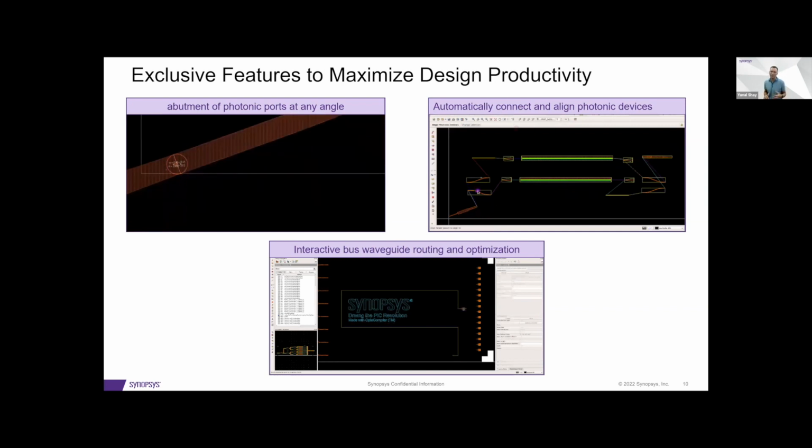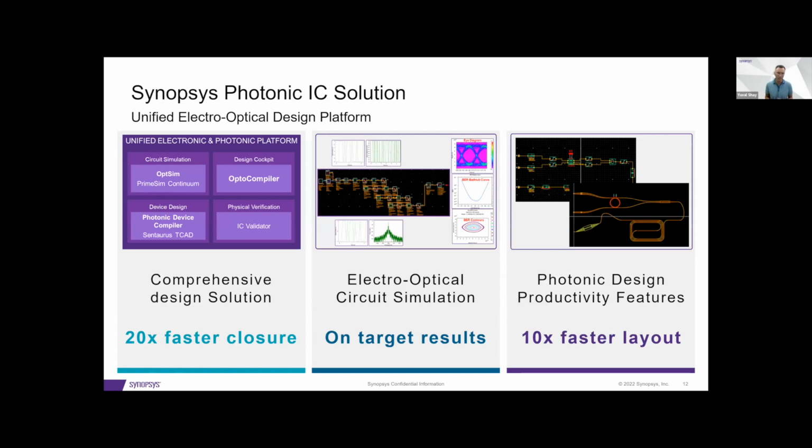So in summary, for the photonics solution, we have a really robust, unified electronics and photonics platform. The same platform that I was mentioning a second ago, OptoCompiler, also brings capabilities for mixed signal design. So in cases where a photonic engineer needs the capabilities of both mixed signal design and photonics, all in the same platform, this is what we are offering here.